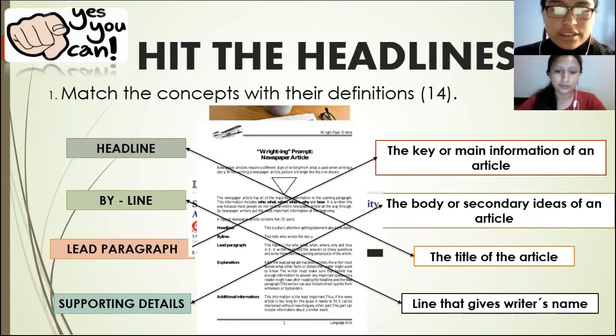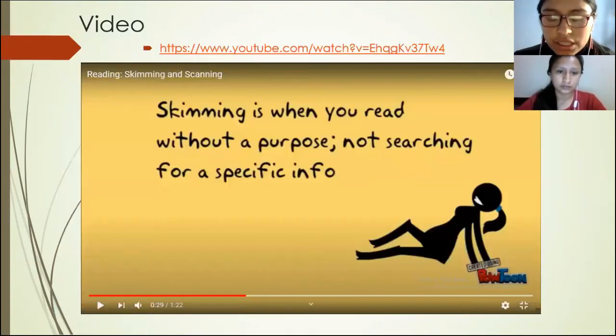Those are the new words that we are going to learn in this lesson. Please try to keep them in your mind and remember them because we are going to use them in all of our class.